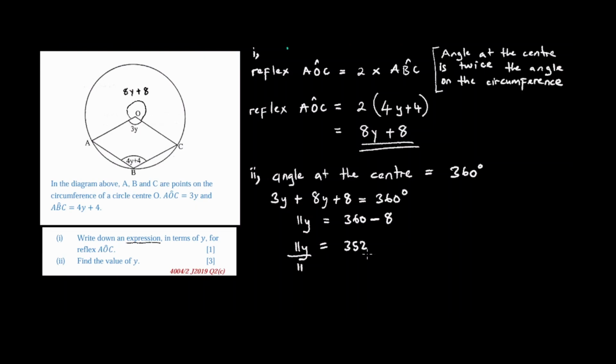Divide both sides na 11. So y is going to be equal to 352 divided by 11, 32. So y is equal to 32 degrees. That is going to be our answer panapa. 32 degrees. Saka it's not difficult.